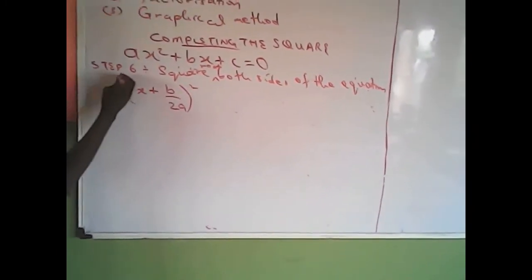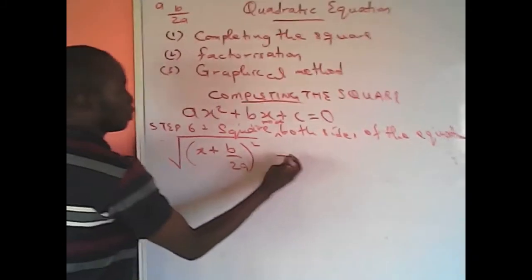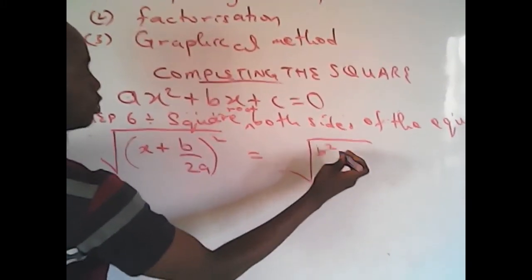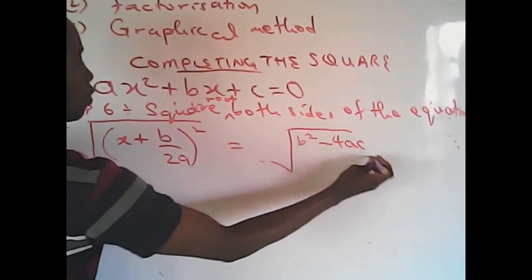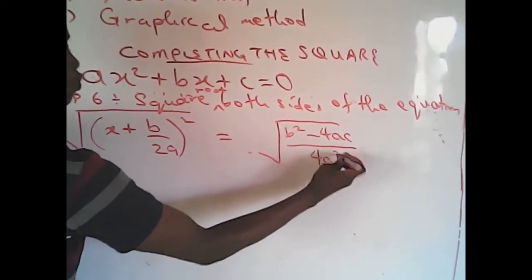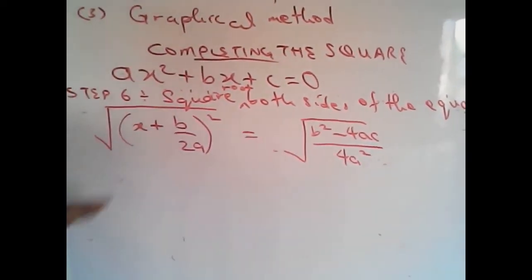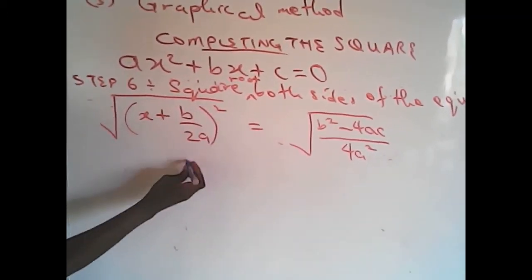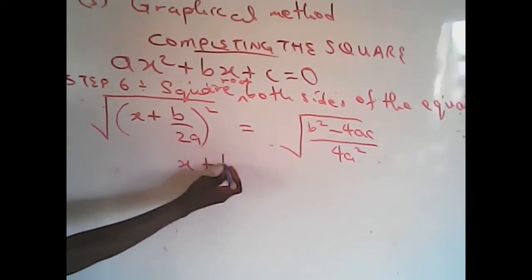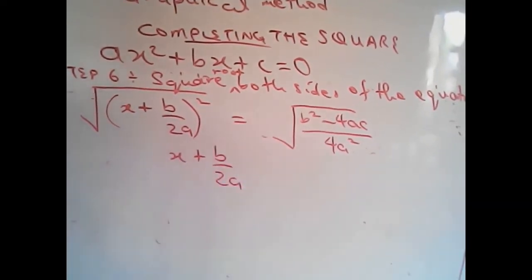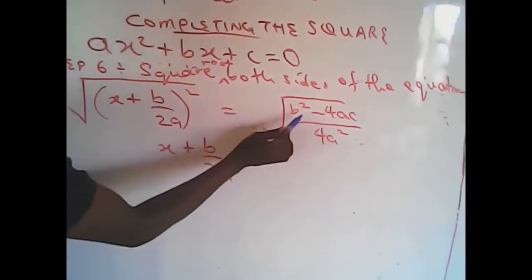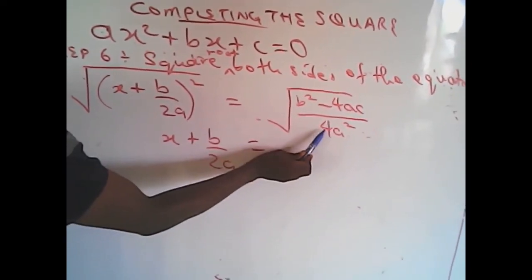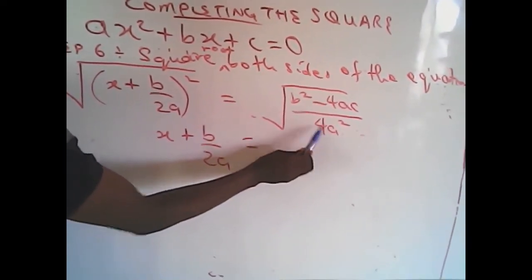That means I'm going to root this one, and I'm going to now root the equation that I'm getting here, which is b square minus 4ac over 4a squared. Now, tí bá square root both sides of the equation, square root yìí máa cancel square tó wà níbí, á wá fún mi x plus b over 2a lásán. And this one, tẹ́ bá wò, numerator yìí ò kì í ṣe perfect square, but tẹ́ bá kíyèsí denominator yìí dáadáa, denominator yìí is a perfect square.